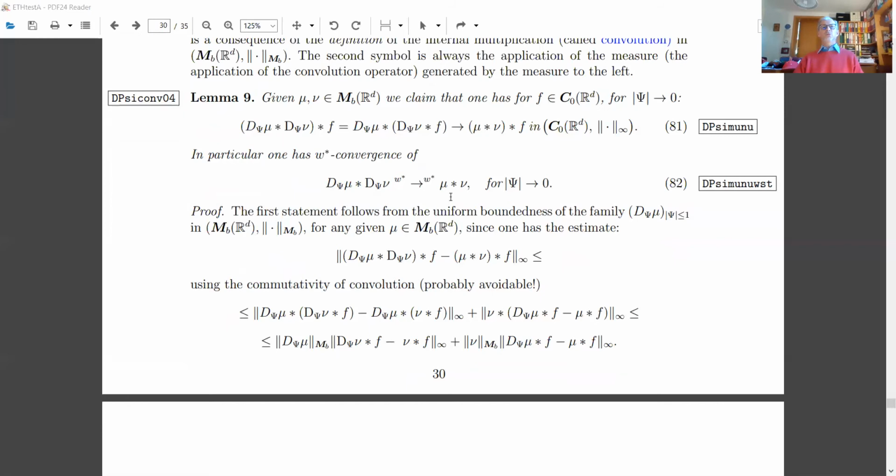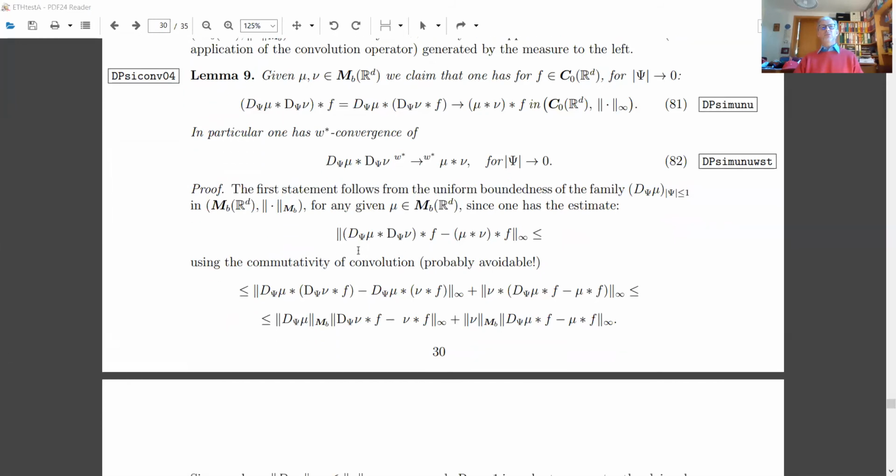So we want to control the action of the convolution operator arising from these discrete measures to the f versus this continuous convolution. And as usual, it's the same proof that you would use to prove that a times b is close to a prime b prime, if a prime is close to a and b is close to b prime: you insert an intermediate term, either a prime b or a b prime.